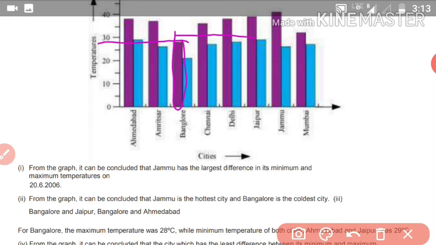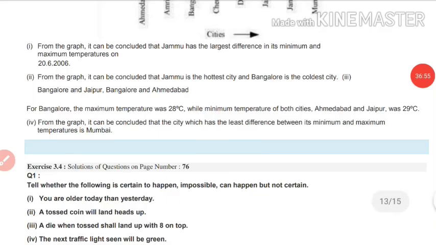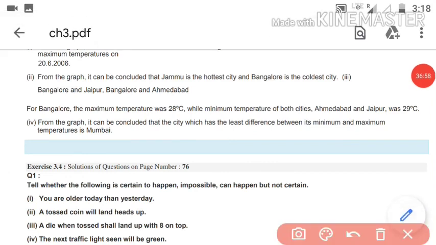That means the minimum of Jaipur is greater than the maximum of Bengaluru. In the same way, the other pair will be Bengaluru and Ahmedabad, because the maximum in Bengaluru is 28 and the minimum of Ahmedabad is 29. So these two pairs are the answer.